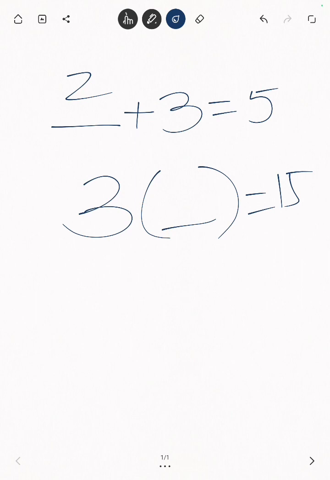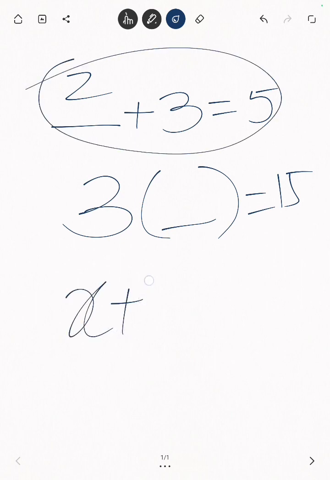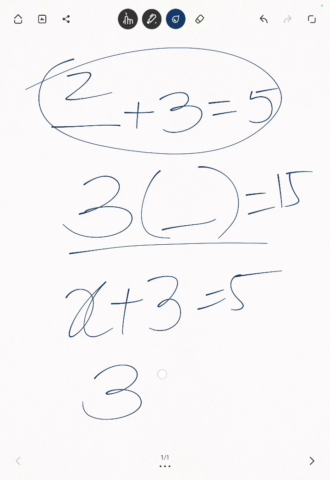Rather than writing like this, they started writing x plus 3 equals 5. Rather than writing this, they wrote 3 into y is equal to 15.